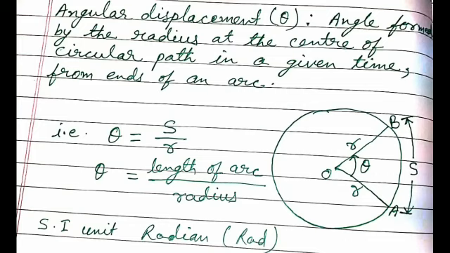So from the definition we have angular displacement is equal to s by r, where s is the length of the arc and r is the radius of circular path. The SI unit for the angular displacement is radian, denoted by rad in short.